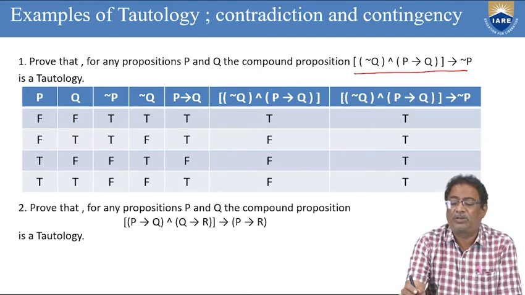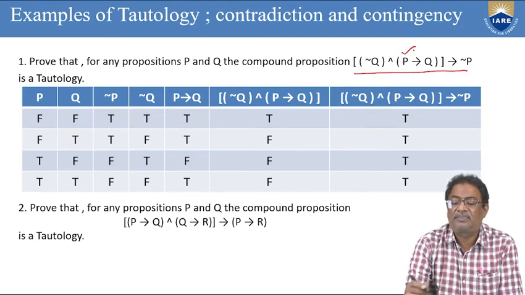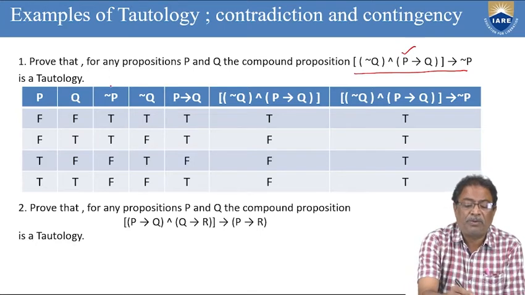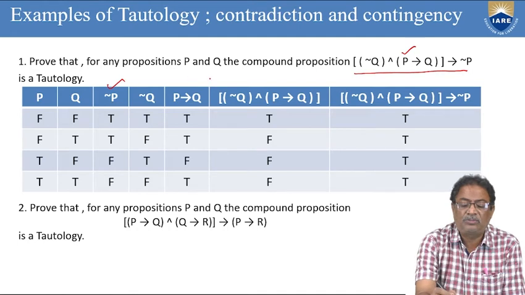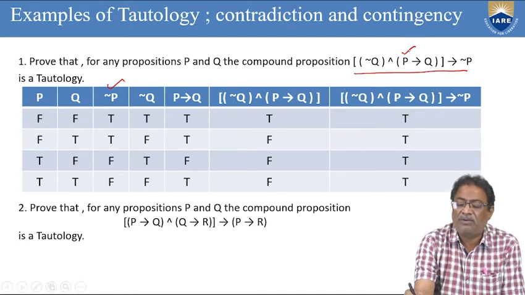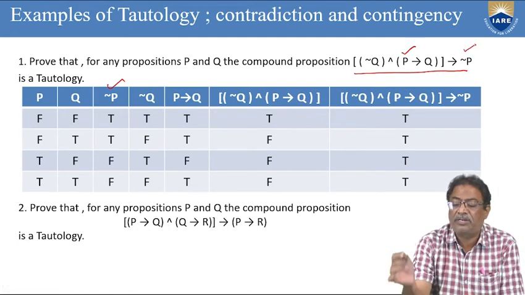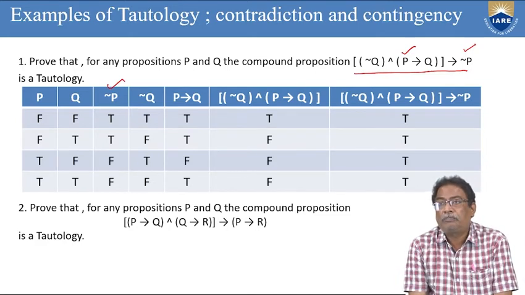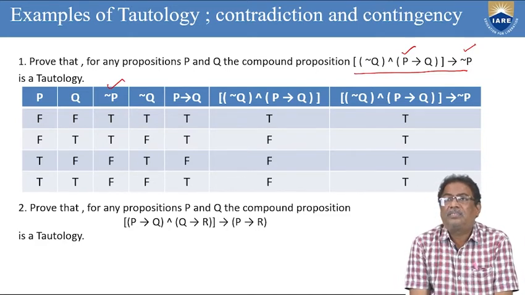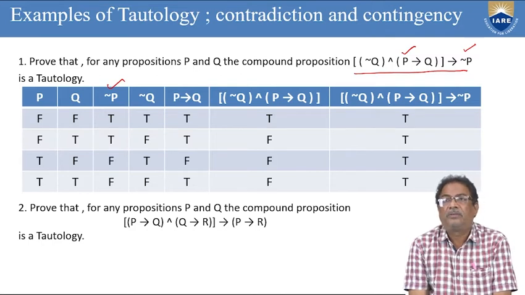First of all, we are going to calculate this, and negation P we calculated already. So negation Q will be there. First I calculate this, and afterwards I calculate this. Or else we can calculate in the other way also. Then we calculate the truth value of the compound proposition.